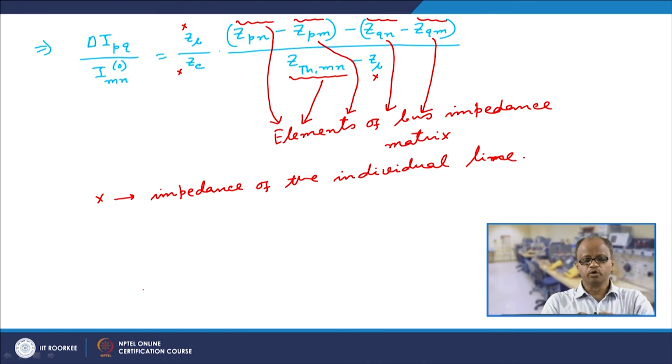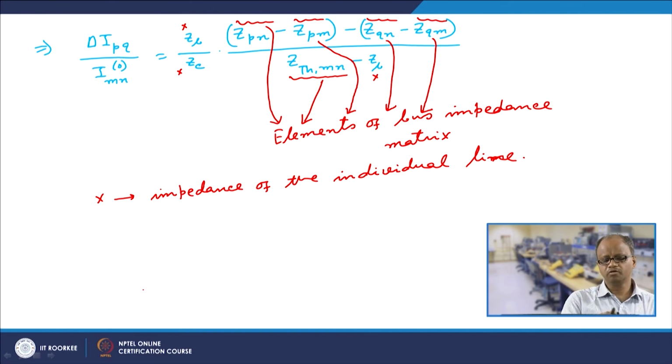So, while calculating this, we must be very careful about which element denotes the individual line and which element denotes the elements of the bus impedance matrix. Until and unless we are careful enough, we would be making a lot of mistakes. So, this must be very carefully understood and appreciated.